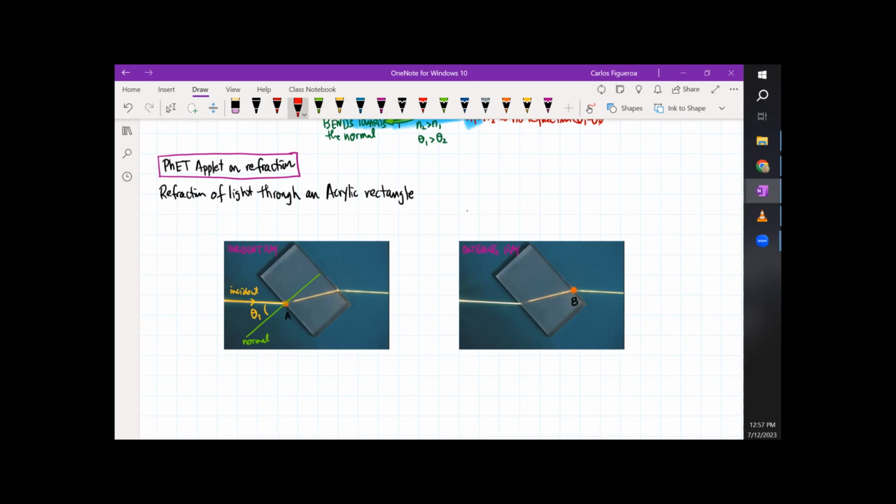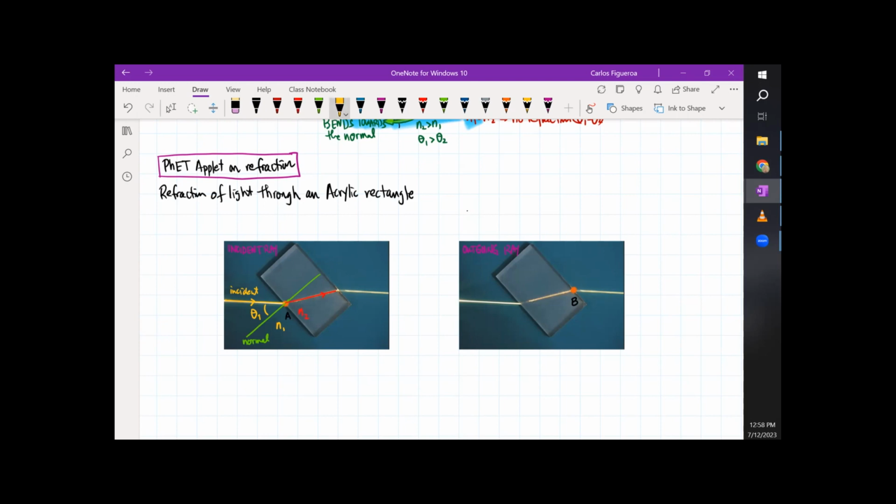Now what's going to happen here is that this ray has now refracted, and it's going to be moving in this direction. Because this is the second medium, I say, okay, so this is n equal to 1. This guy in here is going to be n equals to 2.